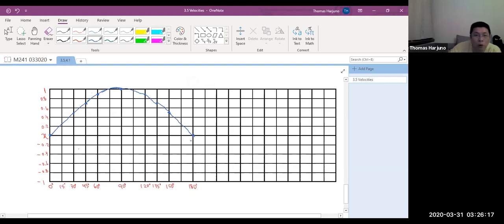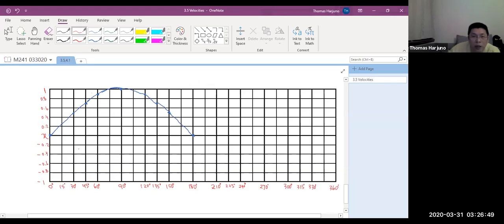Now, if we go on to the third and fourth quadrants, this is 210, 225 degrees, 240 degrees, 270 degrees, 300 degrees, 315 degrees, 330 degrees, and 360 degrees.